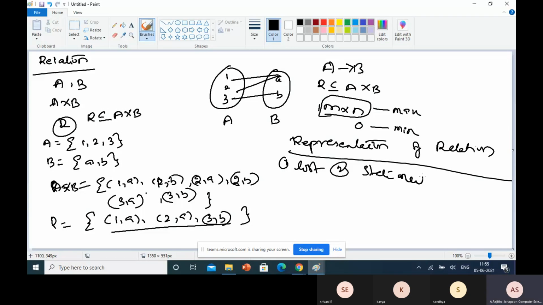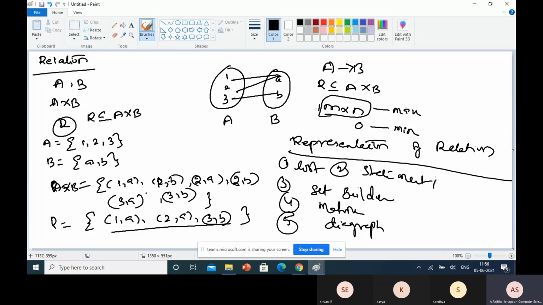Okay, and third one is by set builder form, and fourth one is matrix form, and fifth one is arrow diagram, and sixth one is a arrow diagram, and seventh one is the graph. Eighth one is the table format. Okay. So by using these 8 ways, relation is represented. So see one by one.